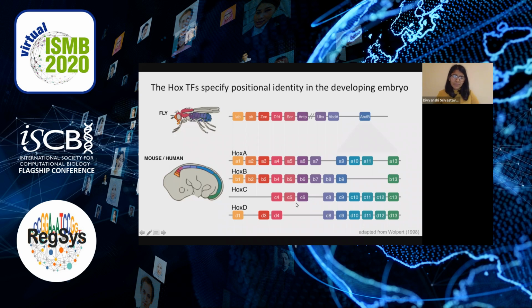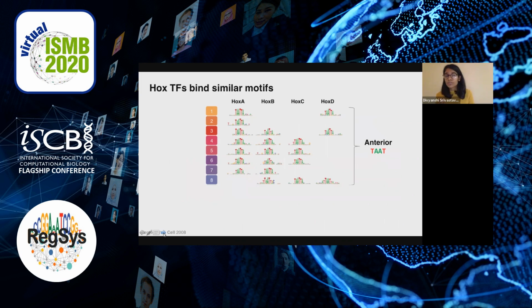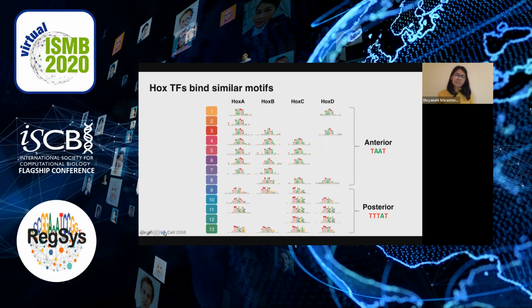vertebrates. So interestingly, despite specifying extremely different positional identities, the Hox transcription factors bind very similar DNA motifs. So the anterior Hox transcription factors, HOX1 through HOX8, bind an anterior TAAT motif, whereas the posterior Hox transcription factors, HOX9 through HOX13, bind a posterior TTTAT motif in vitro.